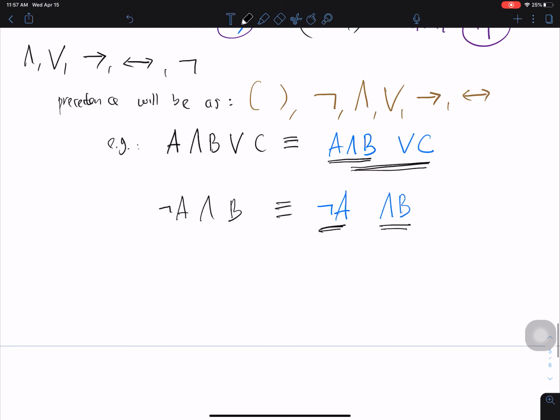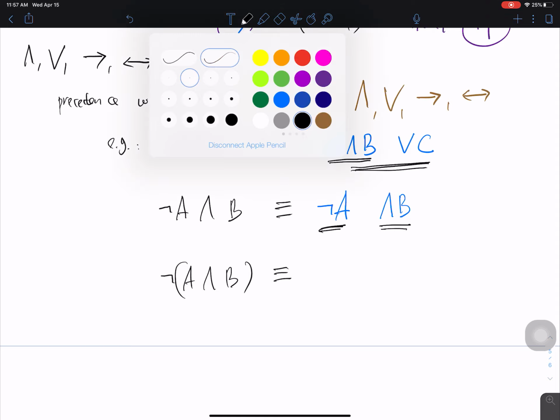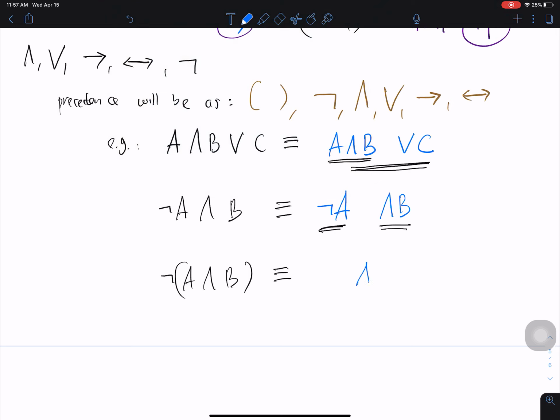What if we have bracket, for example? Let's see, we have not (A and B), like this. Definitely, we cannot work on not A first, but we have to do the bracket first.